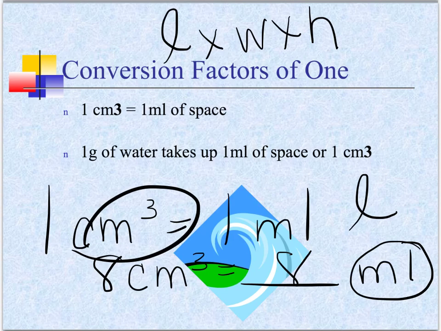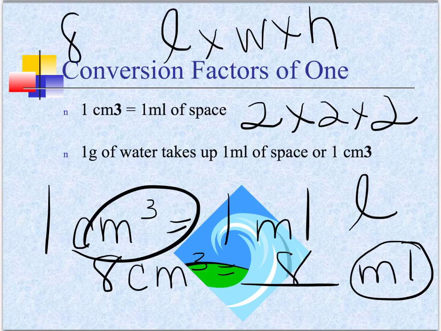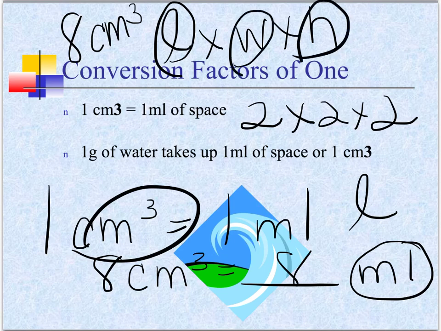So if the length of a container is 2, the width is 2, and the height is 2, 2 times 2 is 4, times 2 is 8. So you'd have 8 centimeters cubed because you had 3 units of measure, 1, 2, 3. You could also say that the volume of that container is 8 milliliters. So just remember, 1 centimeter cubed equals 1 milliliter. You can move between those units of measure.